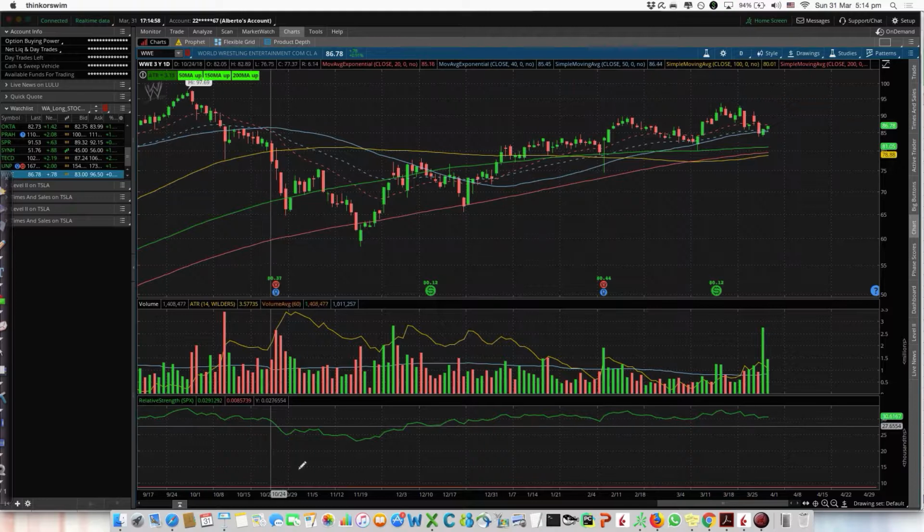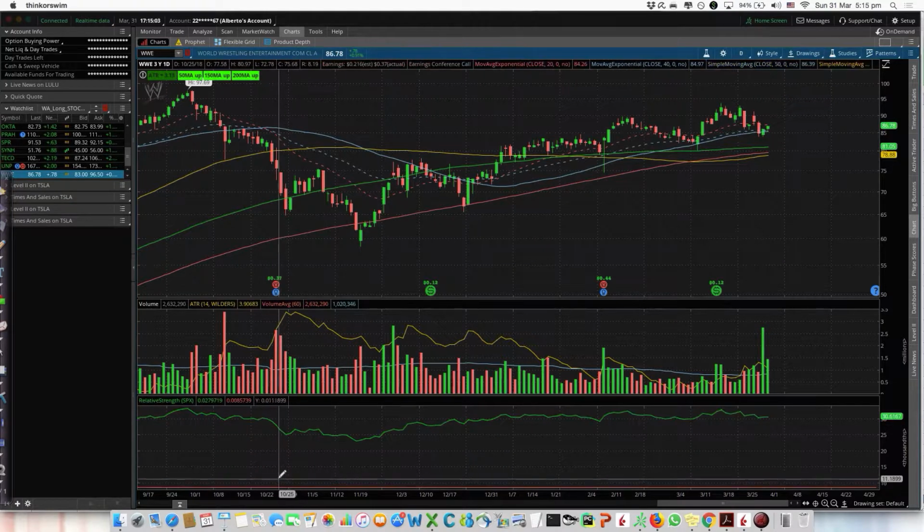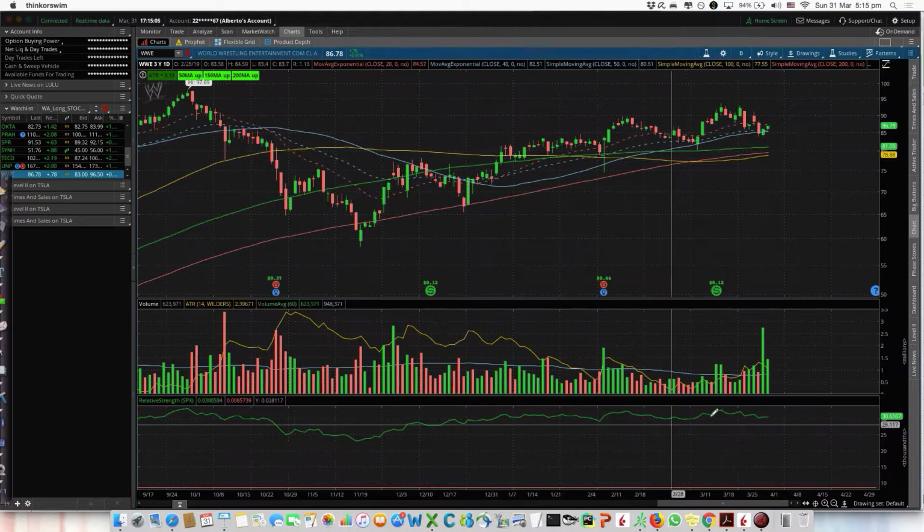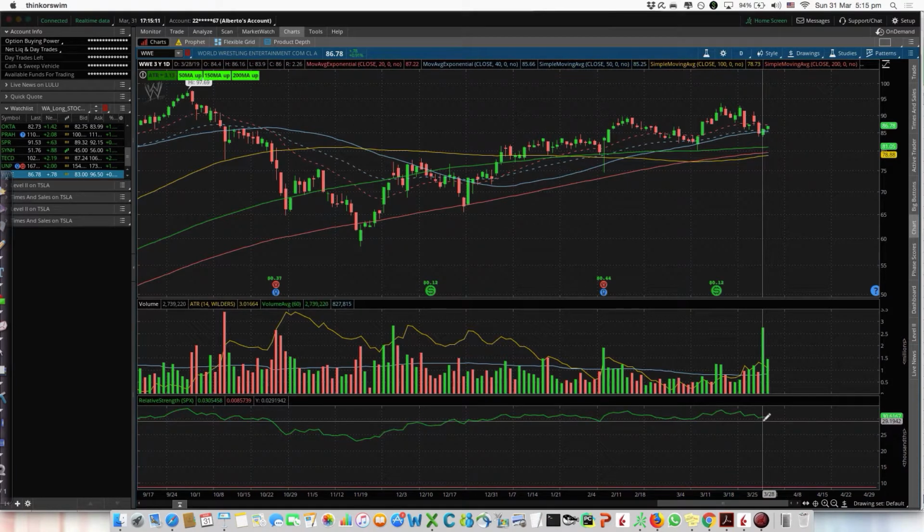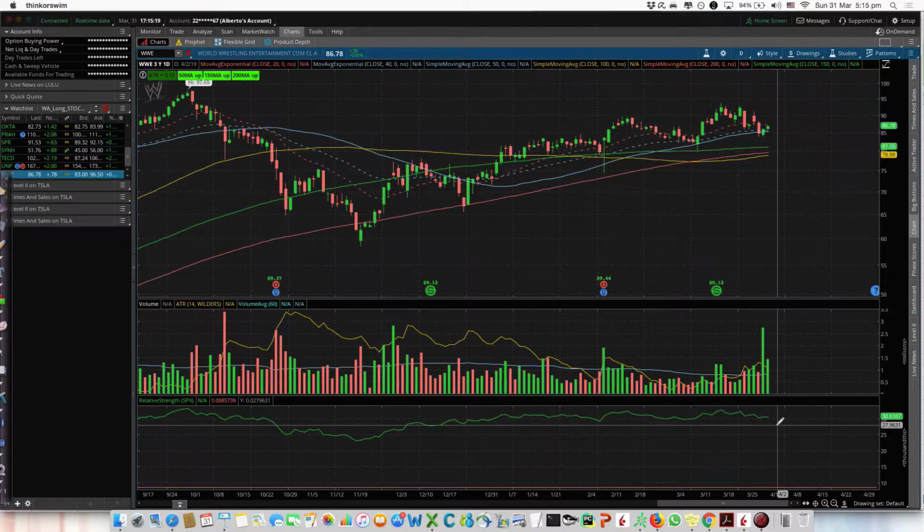When it's above the red line, it means the stock is stronger than the S&P, and this is the case by far. So that's even another supporting argument for going long on this stock. So from the technical point of view, it is really good.